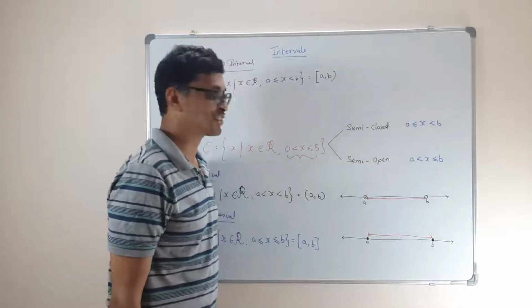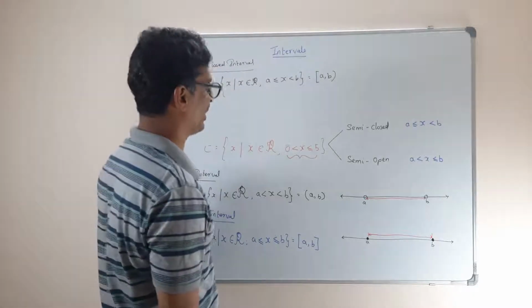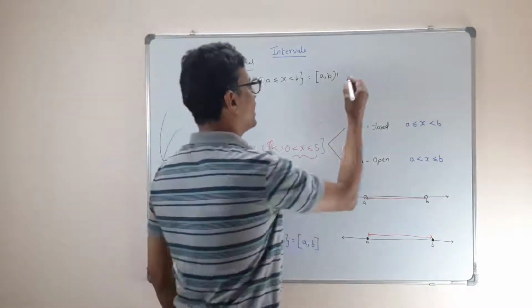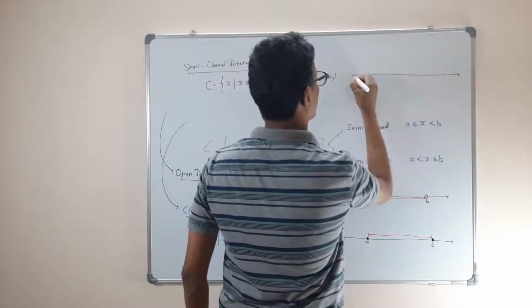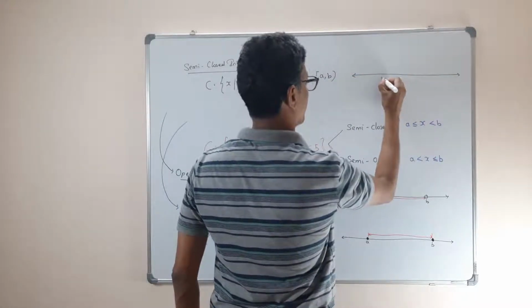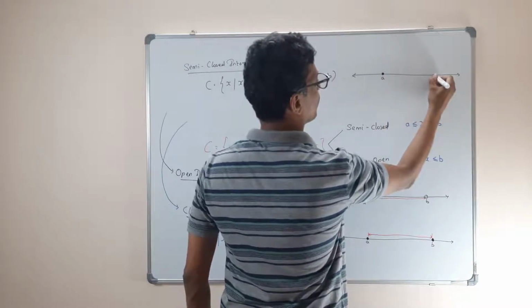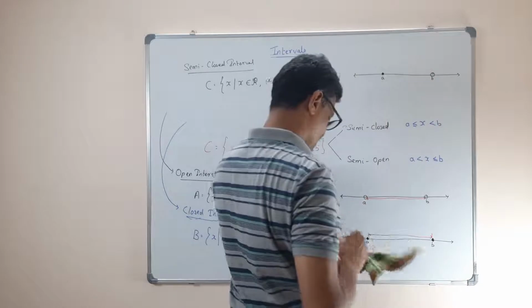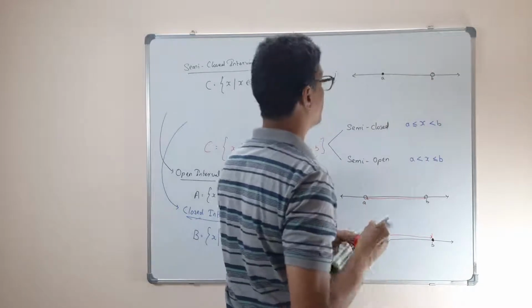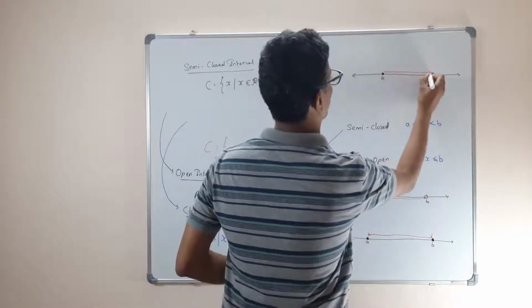It looks funny, but it is right. In the number line, A will be a black solid dot and B will be an open circle. So this is what our interval is.